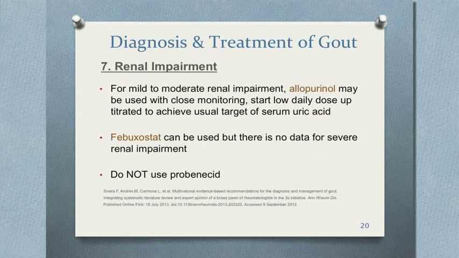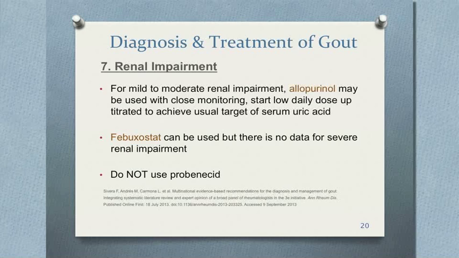Now, as mentioned, renal impairment is a major cause for concern. One of the myths is that allopurinol cannot be used in renal impairment. That's not true. What we found is that if you start at a low dose and titrate up, it can be used safely. If someone has severe renal impairment, I may start as low as 50 milligrams twice a week.